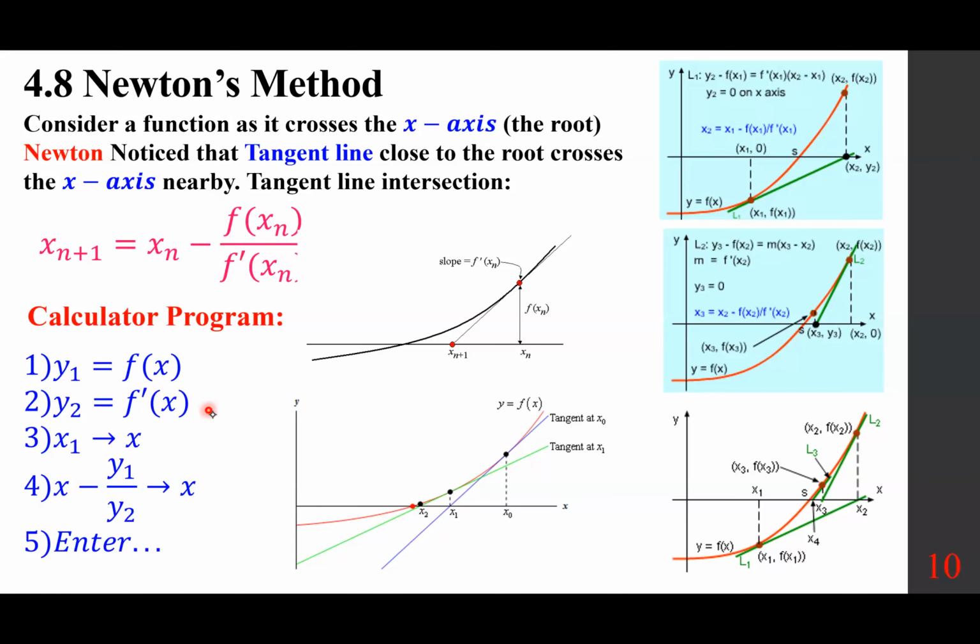Y sub 2 equals f prime. And then you store x sub 1, the first point, in x. Then x minus y1 over y2, store it in x, and you enter repeatedly. This I will show you in a moment, but this is in case it's getting involved and you have to do a lot of repetitions. You can use that to speed up your process for your homework.